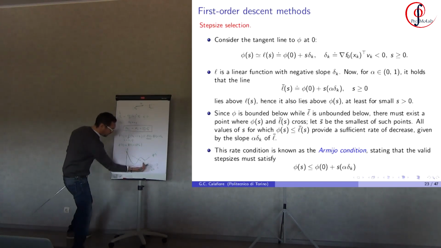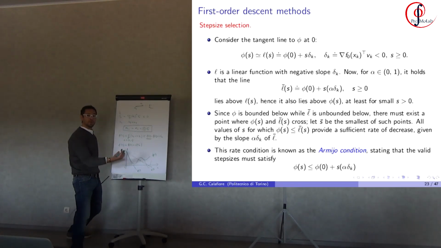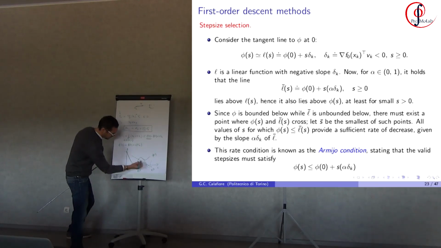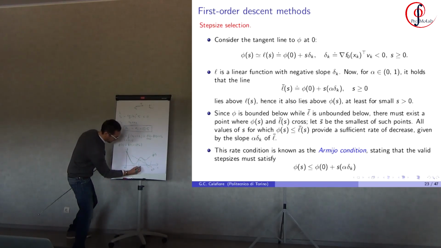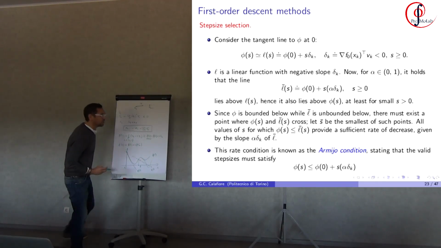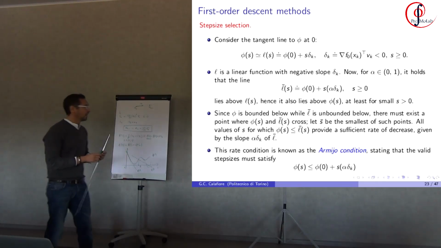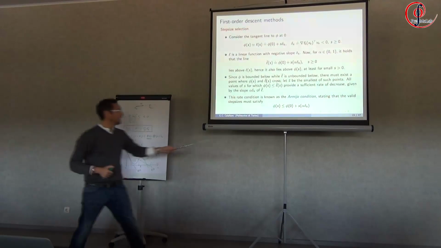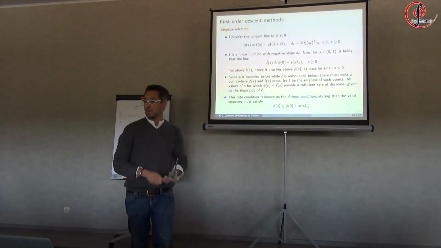In particular, we can define the smallest of such points, which in this plot is this s bar here. Of course, for all values of s below s bar, this condition is satisfied, so the function phi is below this line l bar. And this is what we call the Armijo condition.